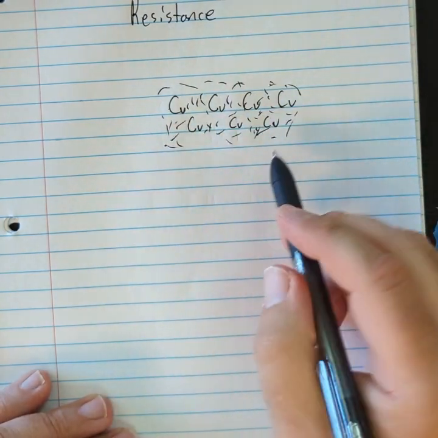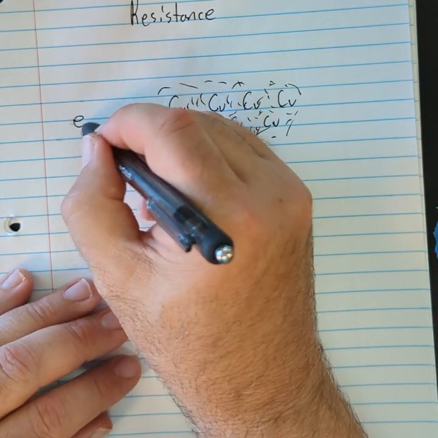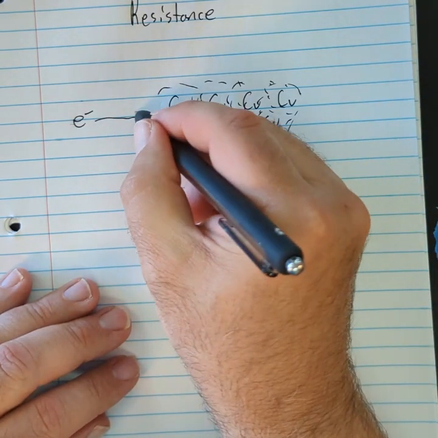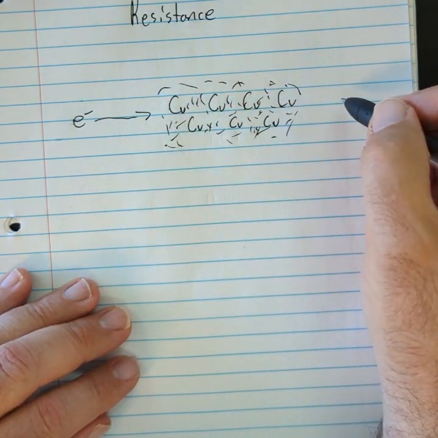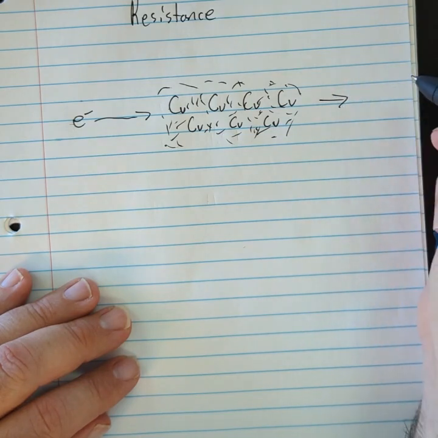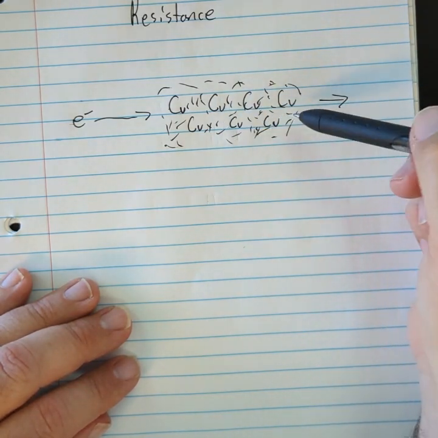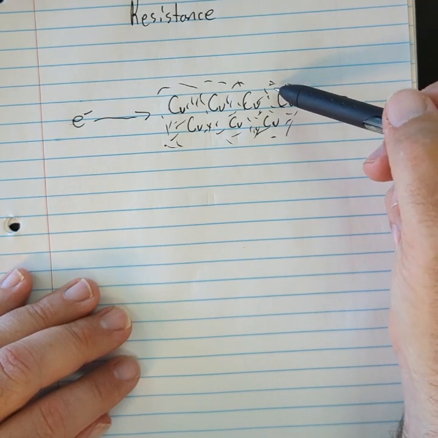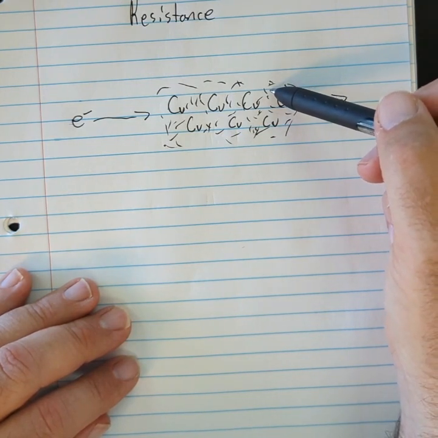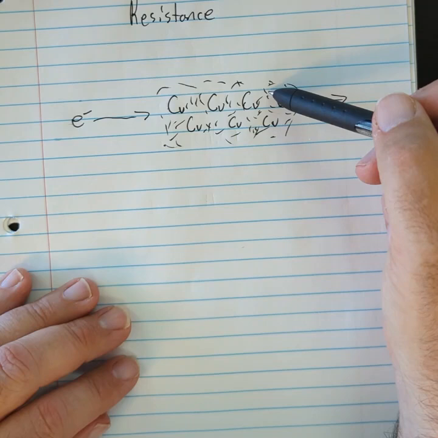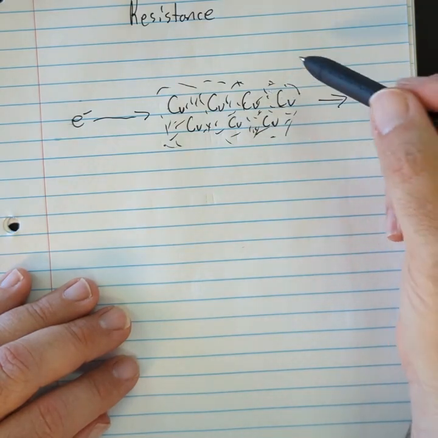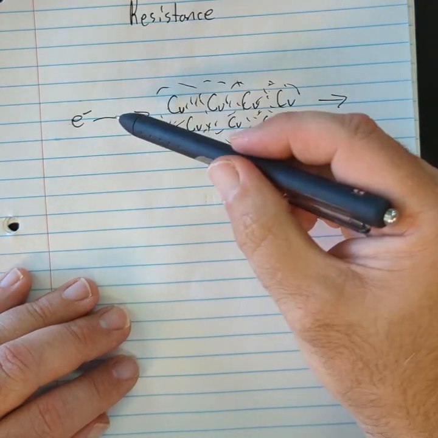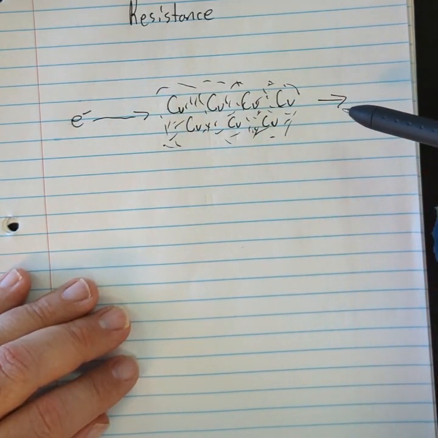And because of that, new electrons, like from a battery or an outlet, can flow through here fairly easily and come out the other side. That's why we use copper in all of our electronic wiring. Power cords, cell phone chargers, wired headphones, they have copper for the wires because it's really good at allowing electrons to flow through it.